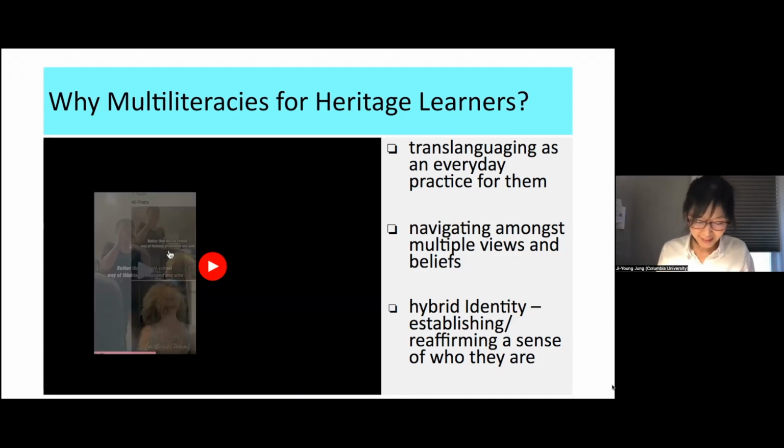Okay. And I think this post captures why we decided to employ the multiliteracies pedagogy for our heritage learners, because heritage language learners, when communicating with their families at home, mix their parents' language with the language of the mainstream society, which is English in this case, not to compensate for deficiencies in their heritage language proficiency, but as a strategic and meaningful choice for various social reasons.